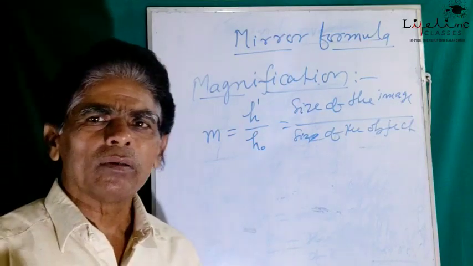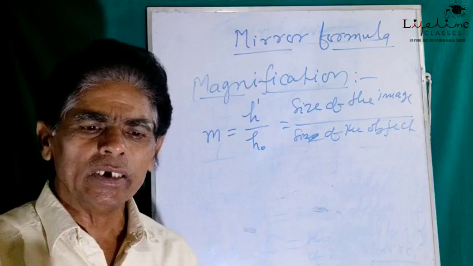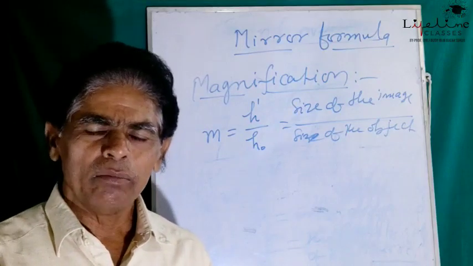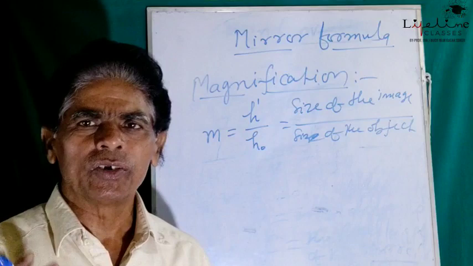Now magnification can also be expressed in terms of the image distance and object distance.